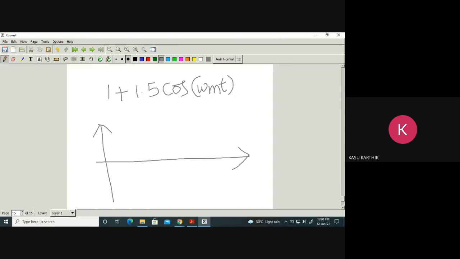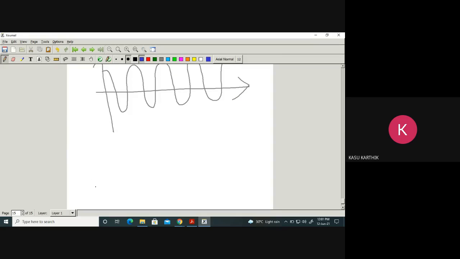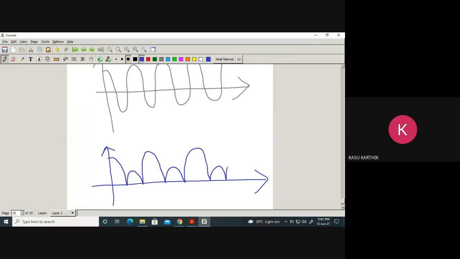Maximum is 2.5, right? Minimum is minus 0.5. It would be like this. So please bear with my drawing skills. This is something like 1 plus 1.5 cos omega mt. If you take mod, what would happen? This negative becomes positive, which means this is the envelope.